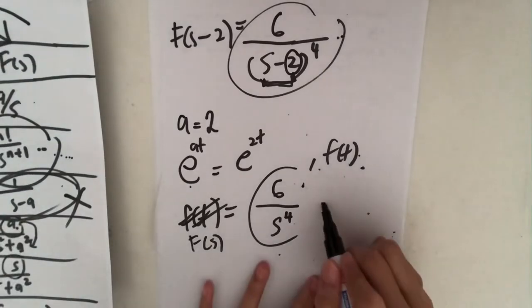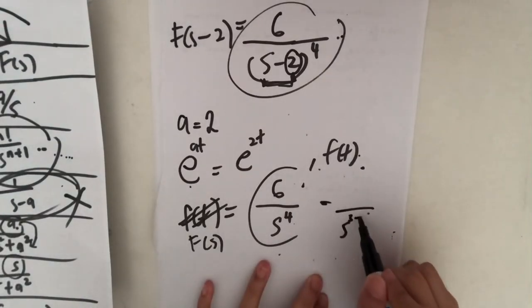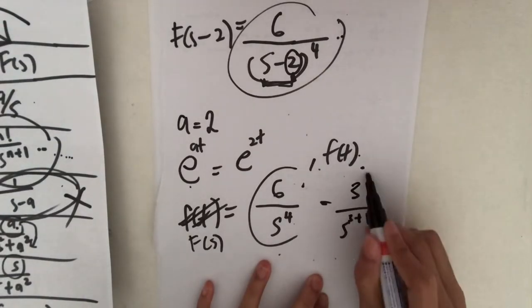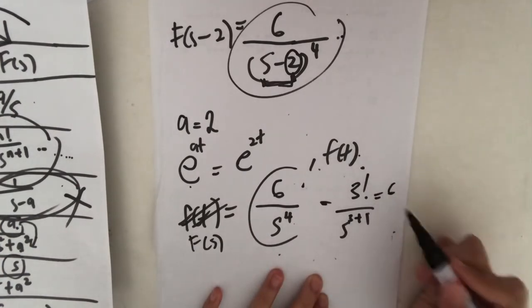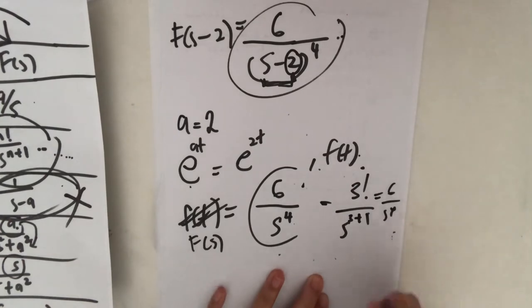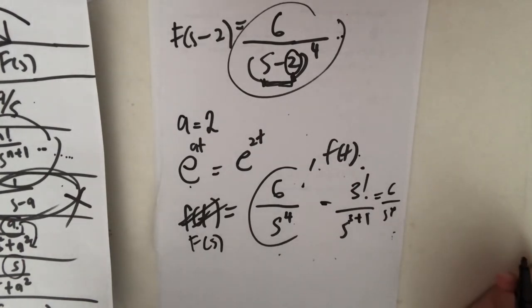It is supposed to be s to the power n plus 1, giving n factorial over s^(n+1), so here 3 factorial, and 3 factorial is already equal to 6. So there is no adjustment you need to make, nothing to add or multiply, because you get the same answer as the original.